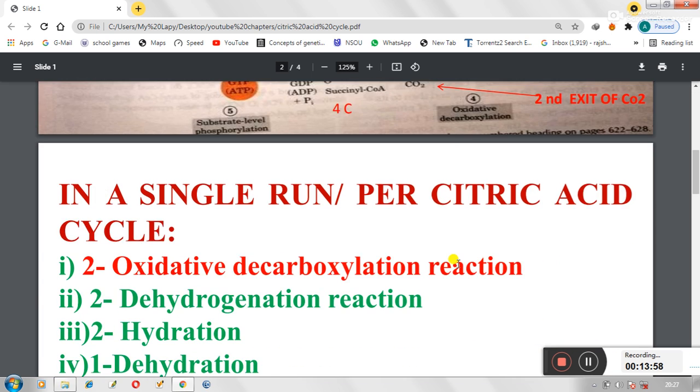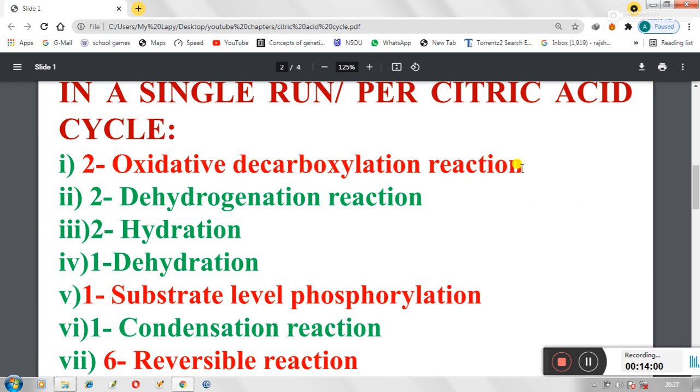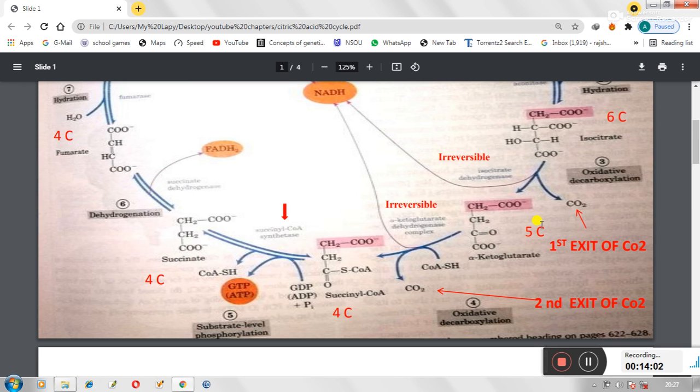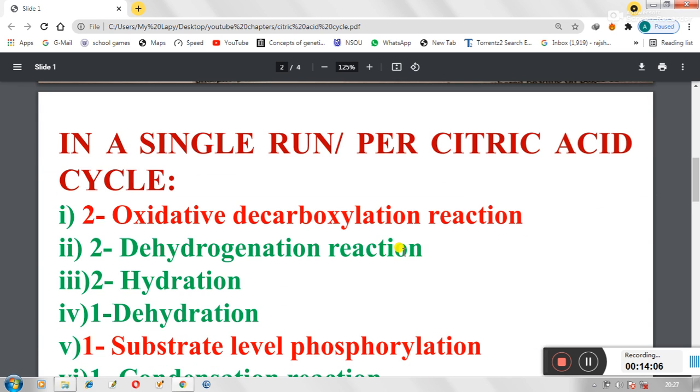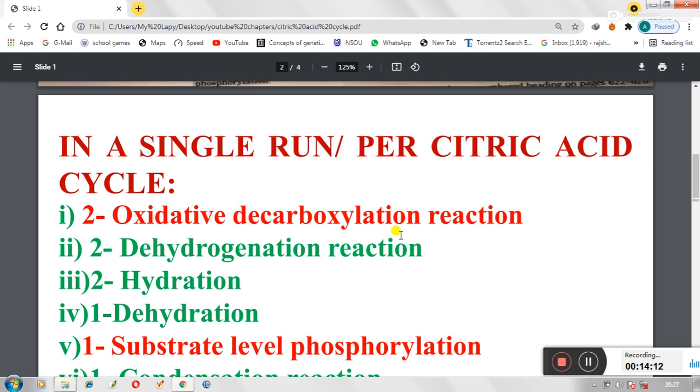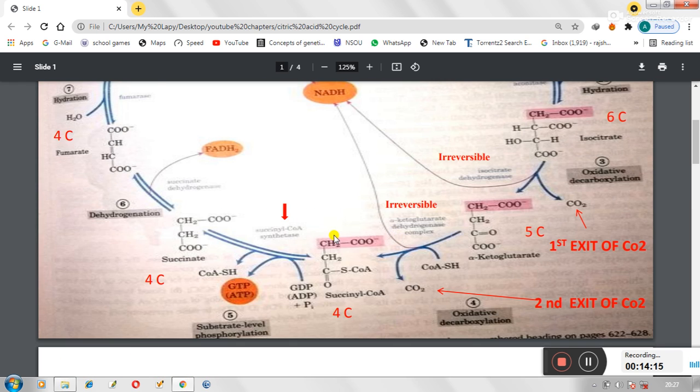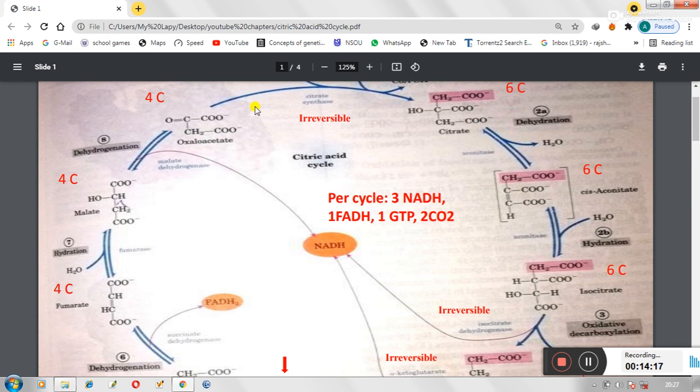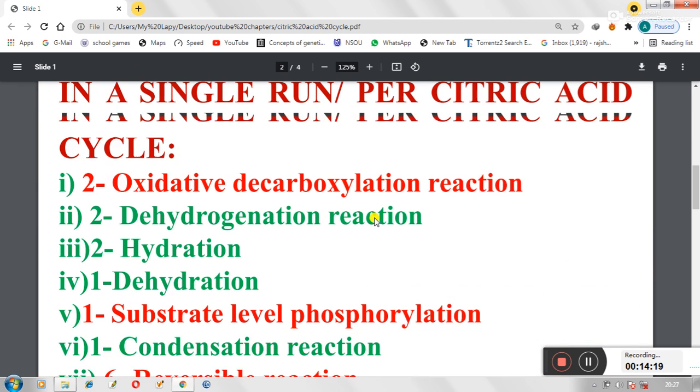So what happens here? Two oxidative decarboxylation reactions occur: isocitrate to alpha ketoglutarate, and alpha ketoglutarate to succinyl coenzyme A. Two dehydrogenation reactions occur: one is for FADH2 production from succinate to fumarate, and another is malate to oxaloacetate.